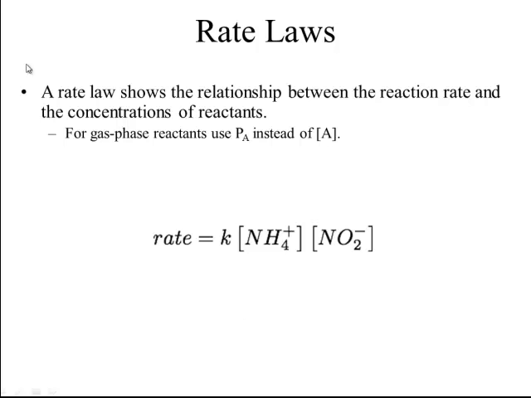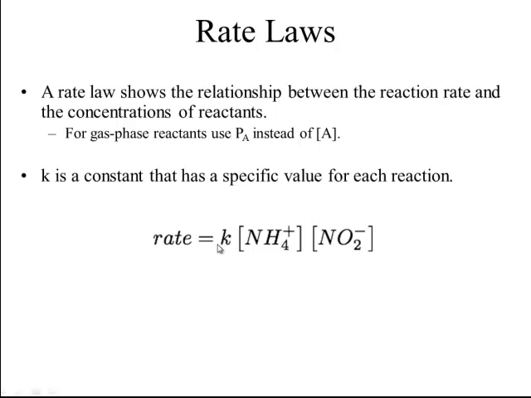So once more, a reminder: a rate law equation shows the relationship between the reaction rate and the concentration of the reactants, and if some of the reactants are in gas phase, then it would represent the pressure of the gas instead of the concentration.